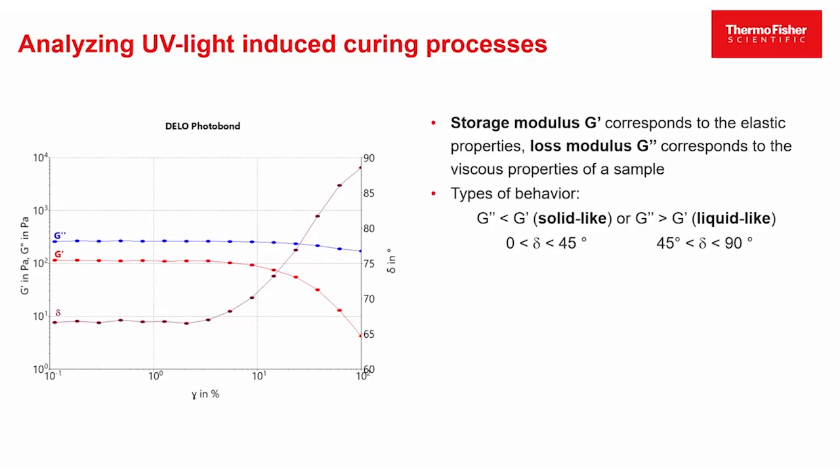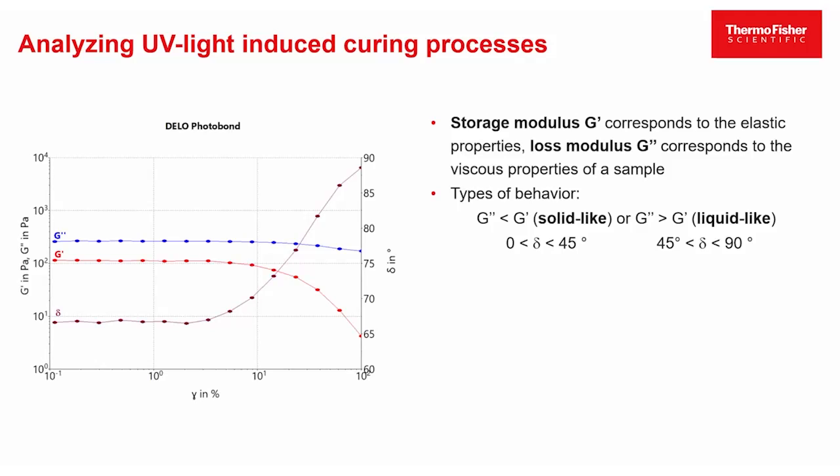Doing so, you can define the deformation range in which the sample is not going to be destroyed throughout the course of the test or the subsequent tests that can be characterized by using a rheometer.